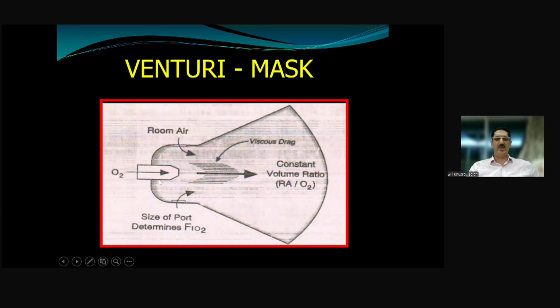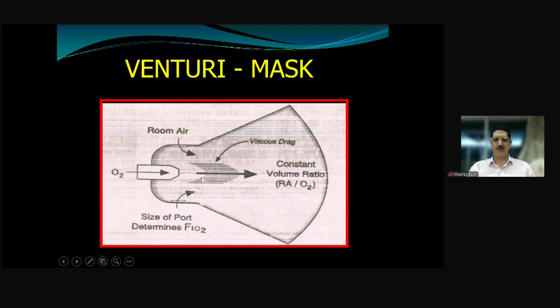You have oxygen coming in, you have pores at the side, and you would have ambient air coming in. So what happens is they make a hole here, a very tiny hole, and the oxygen that comes in comes through a small hole, and therefore there is a huge jet stream. This huge jet stream will also, depending upon the size of the holes, get a viscous drag.